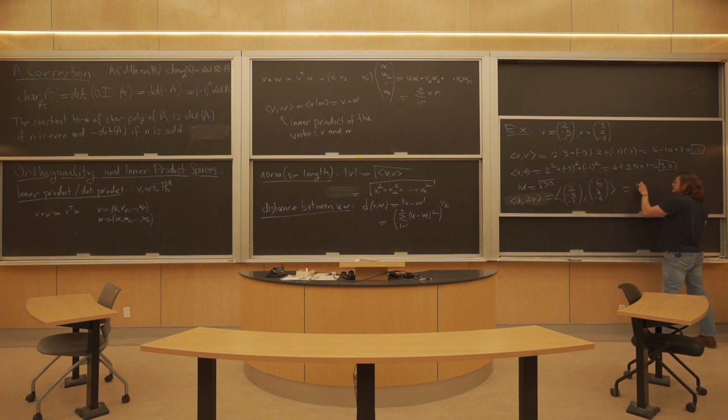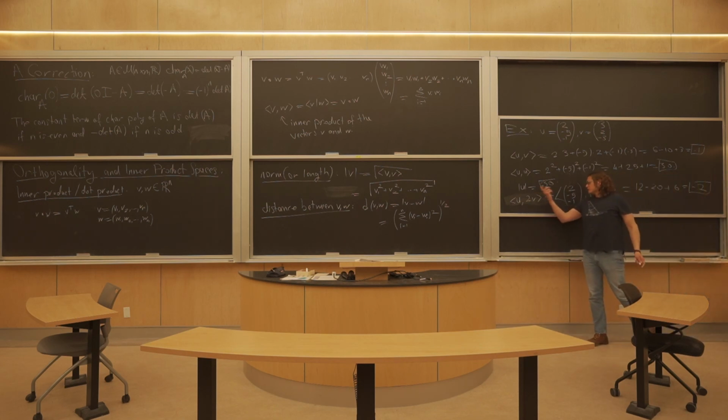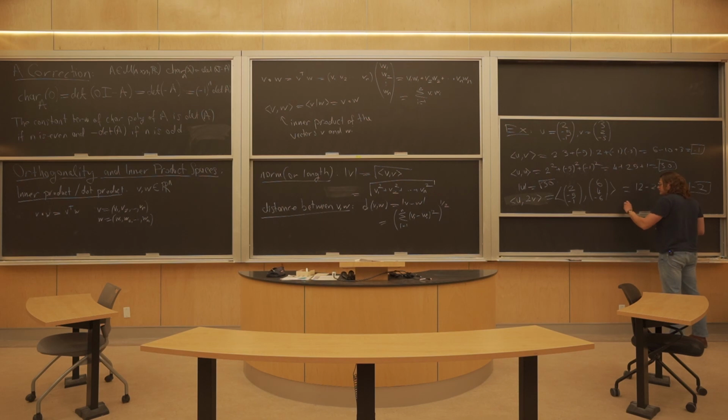And then multiply these. This is 12 minus 20 plus 6, which is minus 2. And of course, this is twice this, because you can pull out the numbers essentially.